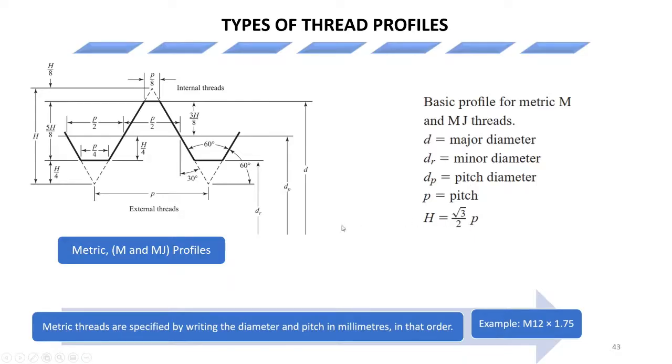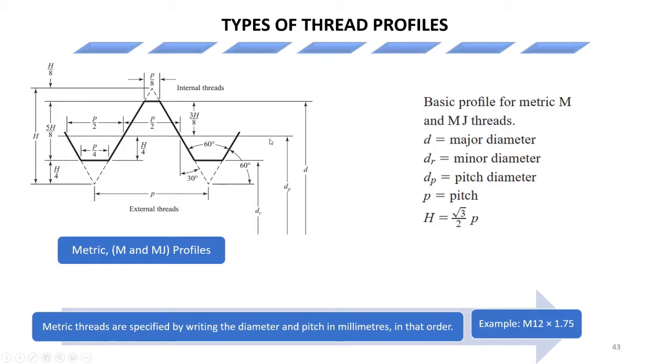Then there are other specifications for the thread which are dependent on the H, and this is the information we have here. The major diameter for the thread is equal to this distance here, to the other side if we complete it. Then the root diameter or the minor diameter is that one, from this side to the other side.